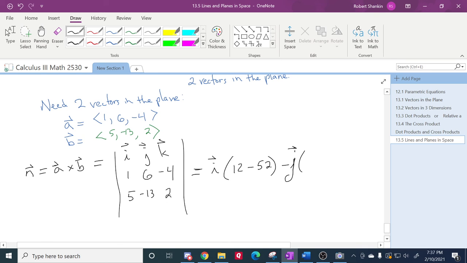I'm going to do this 2 minus a negative is plus 20, plus k. Mentally cross these out. I'm going to get negative 13 minus 30.